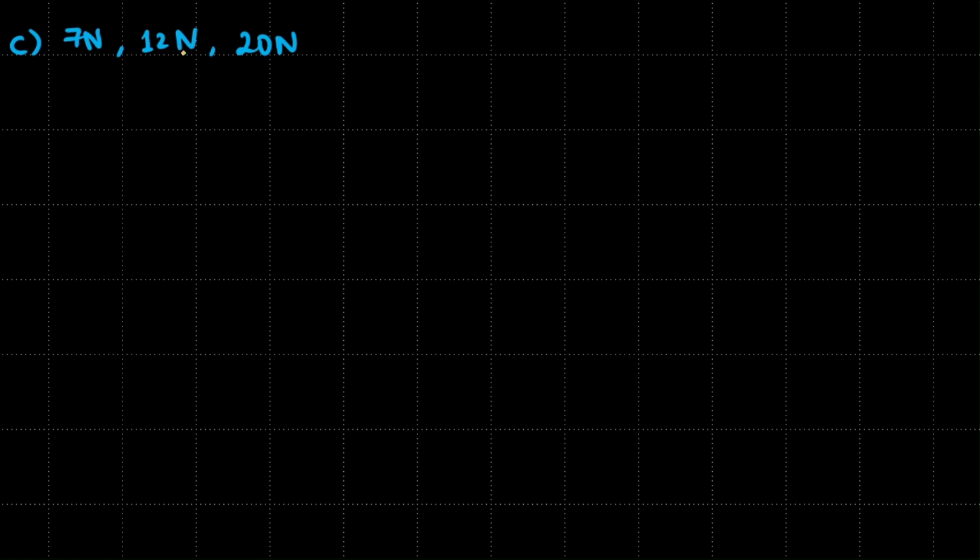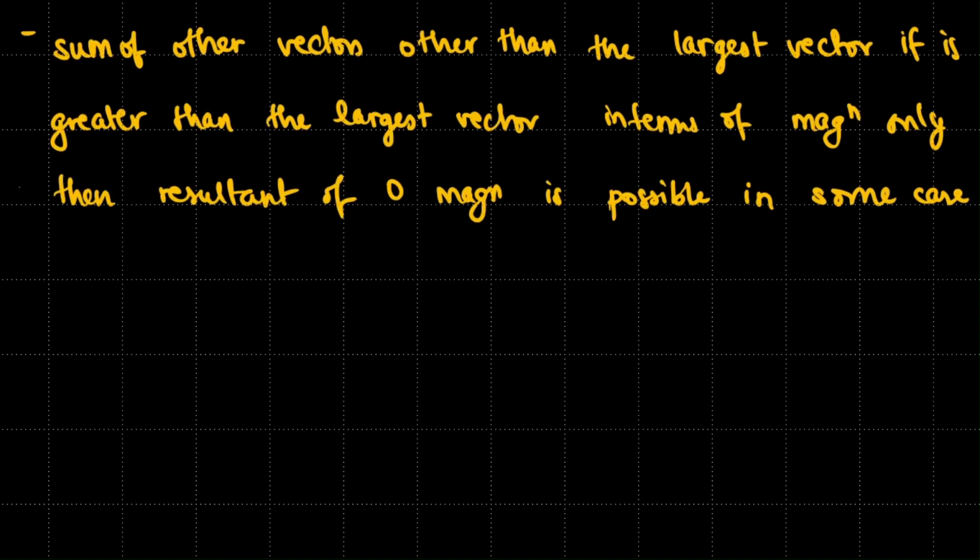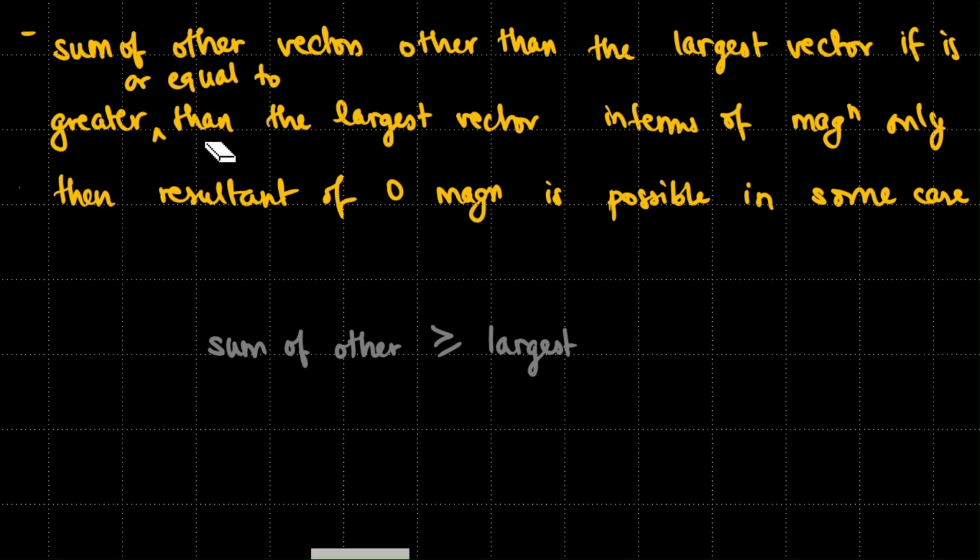If I add 7 and 12, first of all, going by this definition, this might be quite confusing, but I hope it's not. So let's write a very simple version of this: the sum of others must be greater than or equal to the largest.